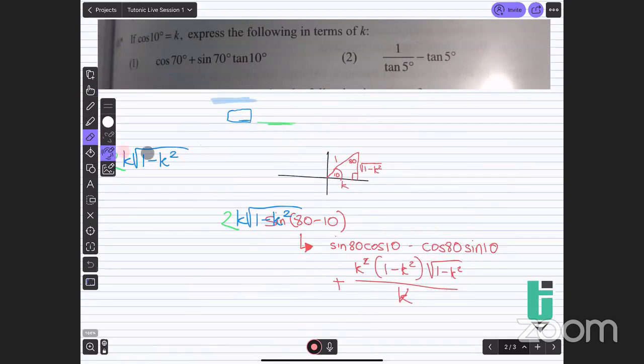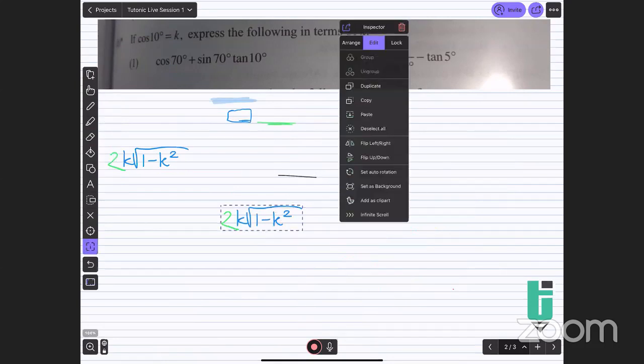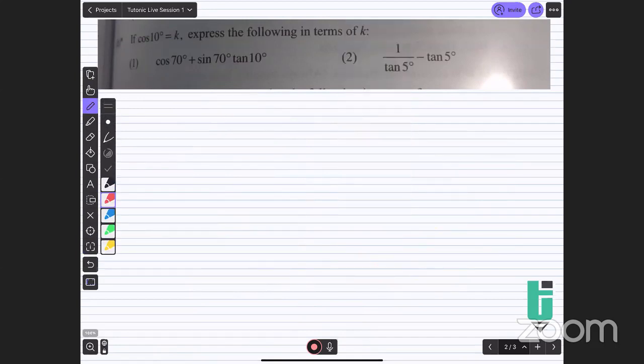Now, when we see 5, how does that link up with what we've been given? How is 5 connected to the triangle? Is that the double angle? Yes.